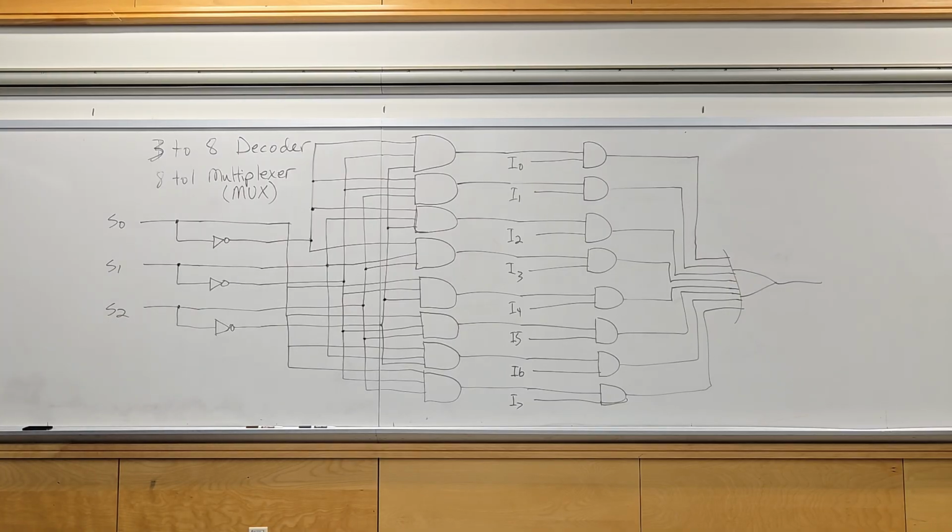But the decoder is used to select the line that goes to the output. So you can select in a computer which operation goes to the output.